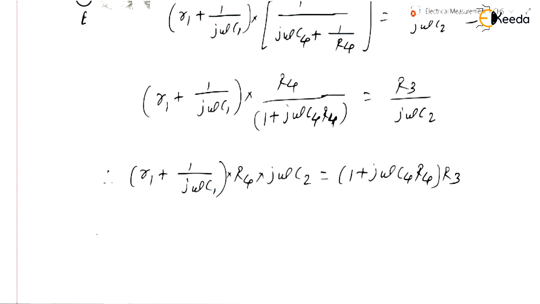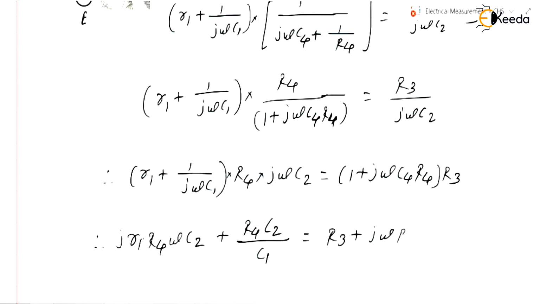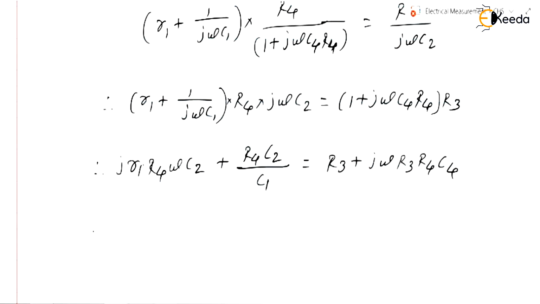Taking the multiplication, it is R1 into R4 into j omega C2, plus, if we multiply this term into this term, j omega will get cancelled, so it is R4 into C2 upon C1, equal to R3 plus j omega R3 R4 C4.